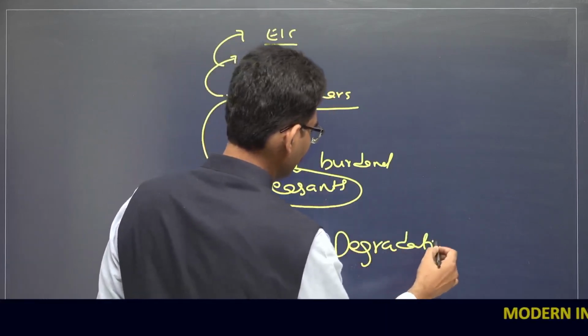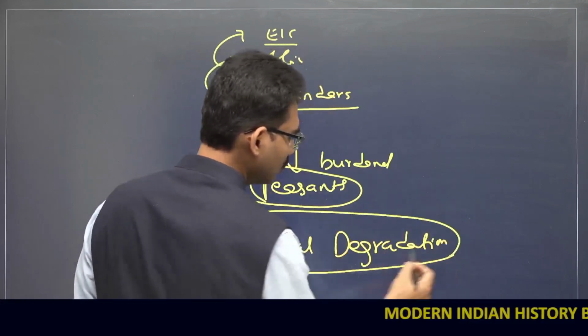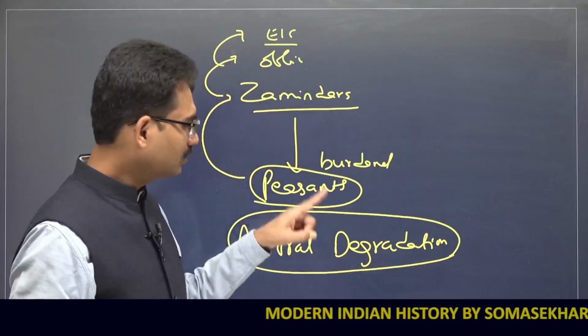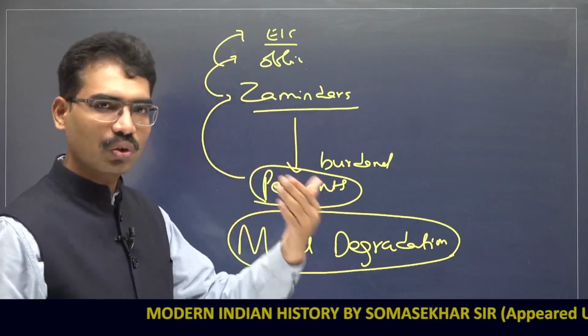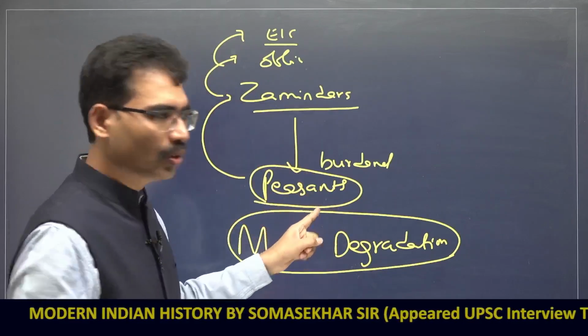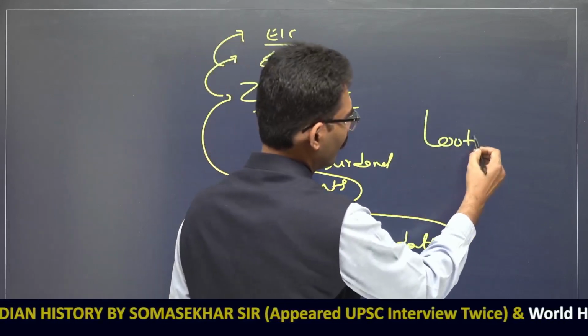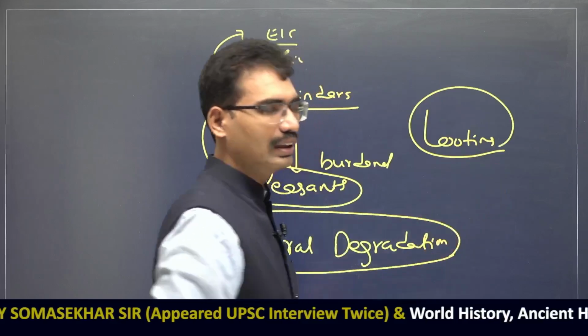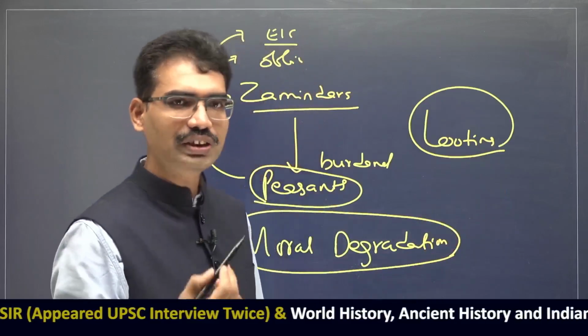Moral degradation means there is no honor in hard work. There is no reward for the hardworking. Whoever is looting in immoral and unethical ways, they are rich, they are enjoying life.